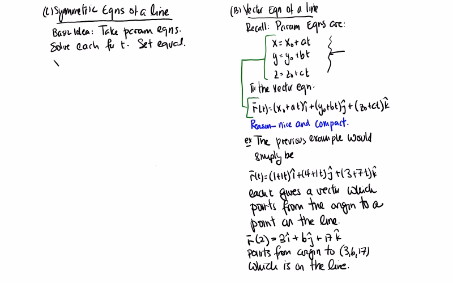Okay? So the first one, let's do this all really carefully. This one, if you solve for t, you would subtract x0 and you would divide by a. For this one, you would subtract y0 and divide by b.